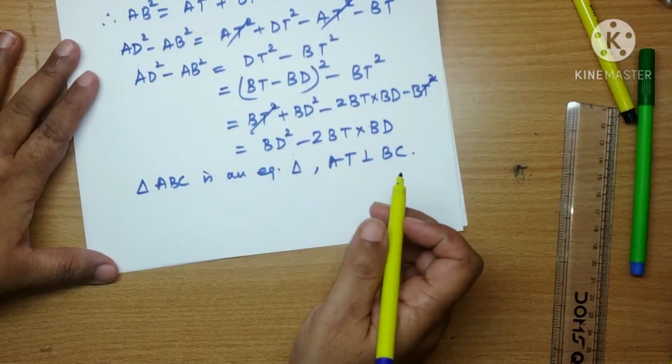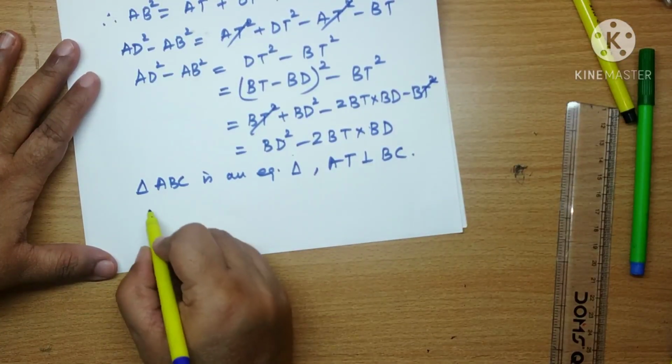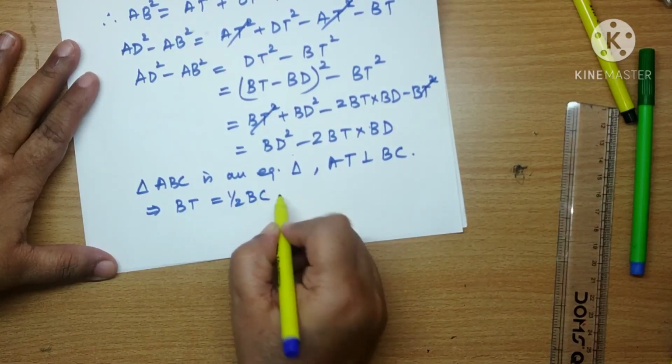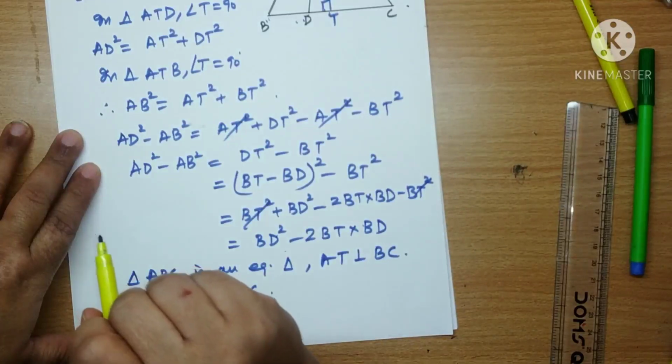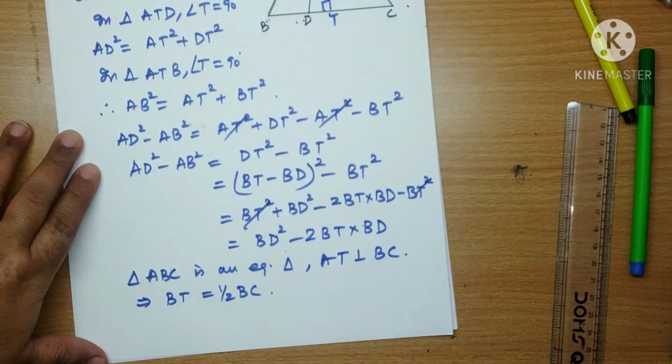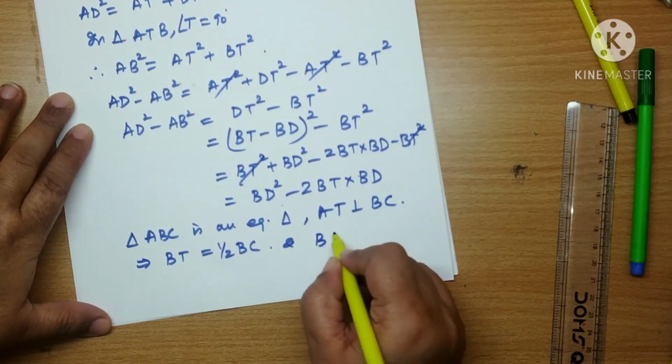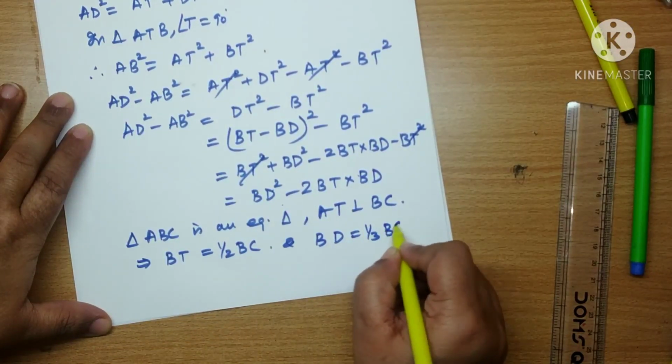So in an equilateral triangle, we know altitude is the median also. So this implies BT is half of BC, because this will be a median also. And BD is 1 by 3 of BC. This is given.